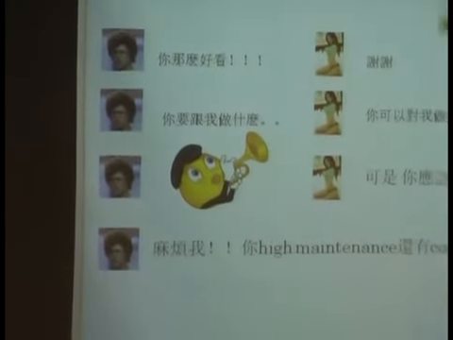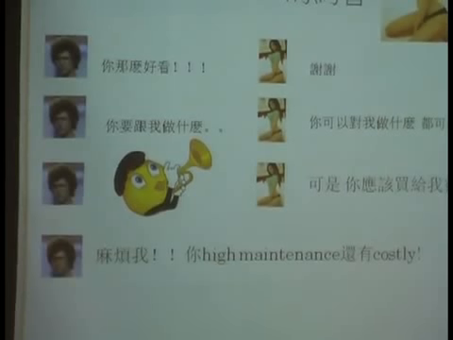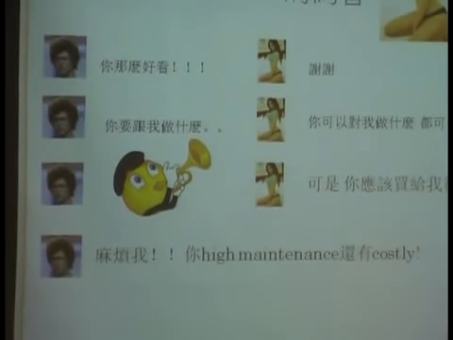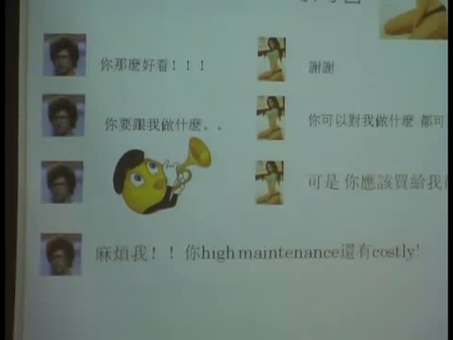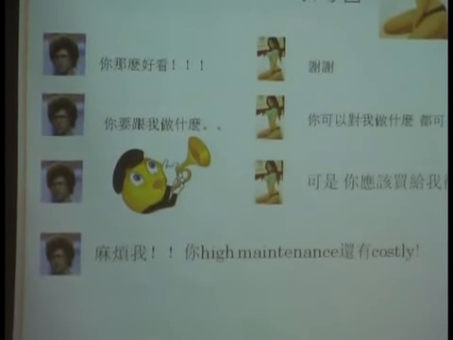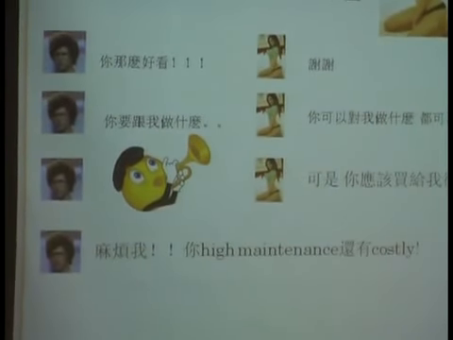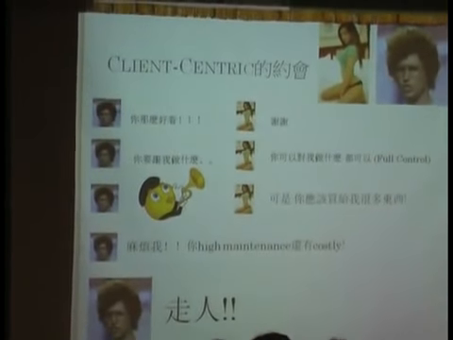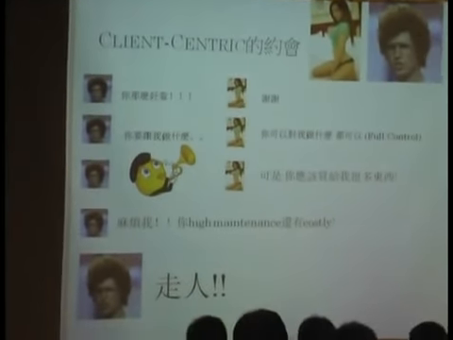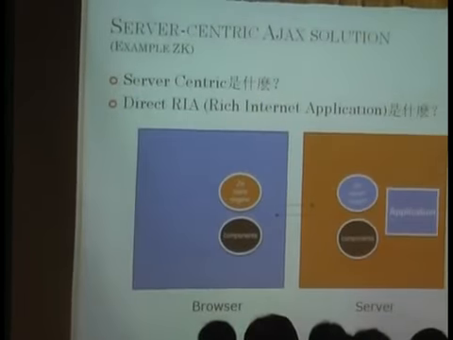Let's see. 麻烦我. 你 high maintenance, 还有 costly. True. Client-centric is high maintenance. Client-centric is costly. You have to 给他很多东西. So, 走人. 他自己离开. Not successful.